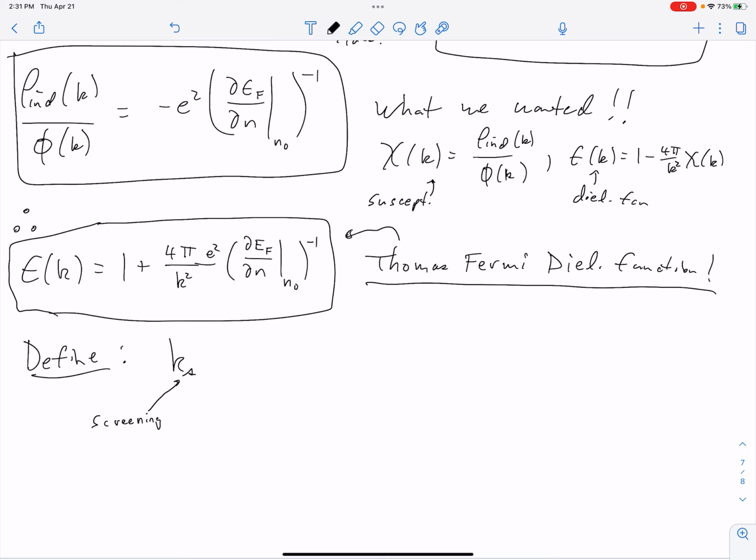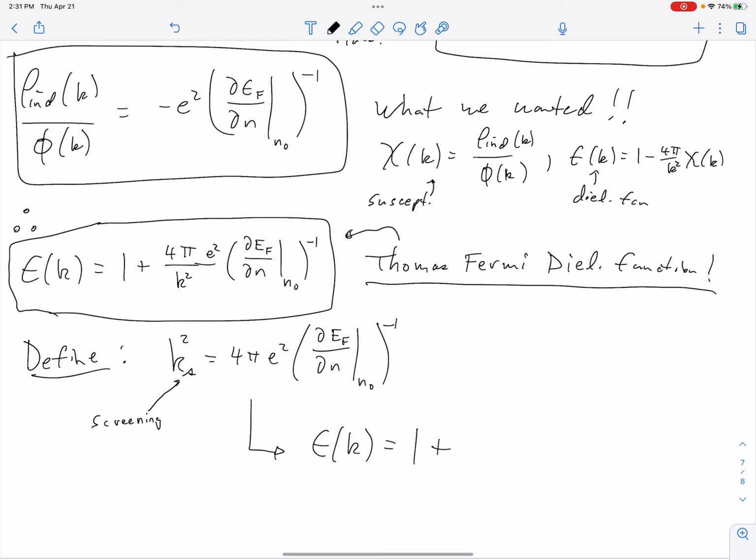If we define k_s squared as 4 pi e squared times dE_F/dn at n naught to the negative 1, then we see that the dielectric function is equal to 1 plus k_s squared over k squared. And that's a very famous result.